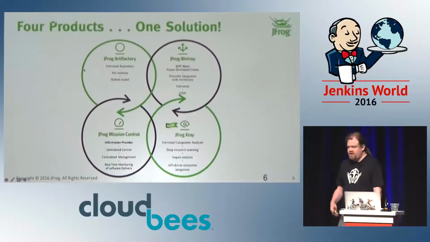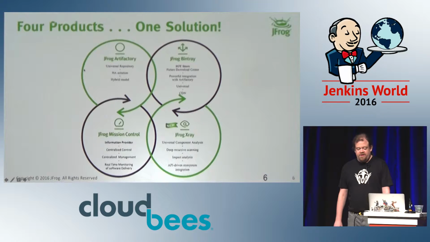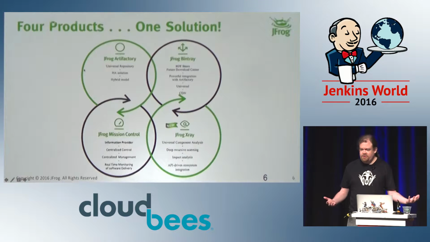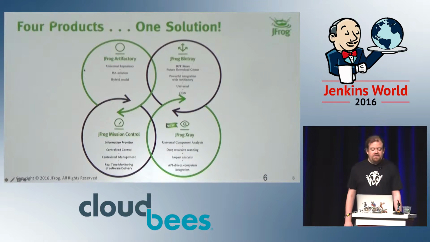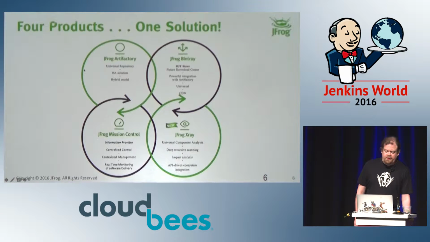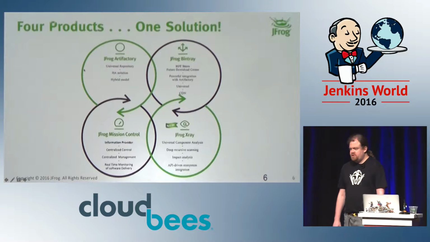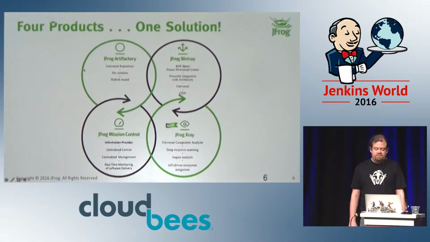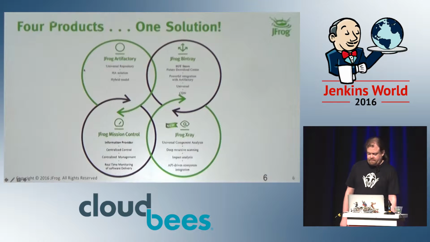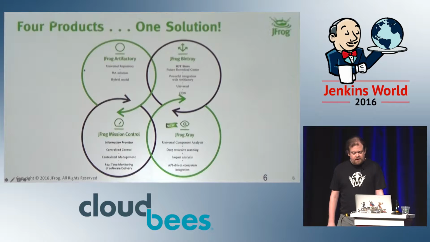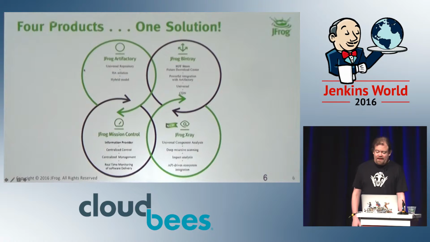We also have JFrog Bintray, which is for binary distribution, and Mission Control for managing worldwide architectures, and JFrog Xray for getting deep insight and impact analysis of concerns on binary containerization graphs. And today in this talk, I'm going to be talking about 3 of these products and showing you how to integrate them with Jenkins, at least a little bit, and how they relate to CI workflows.